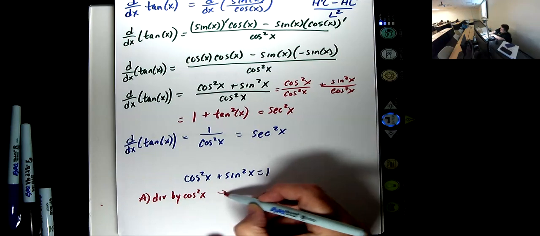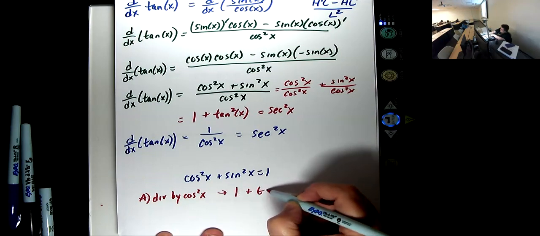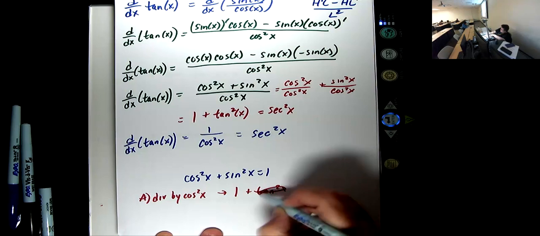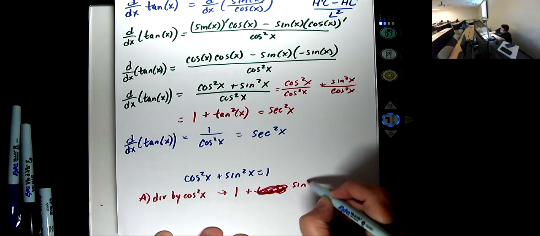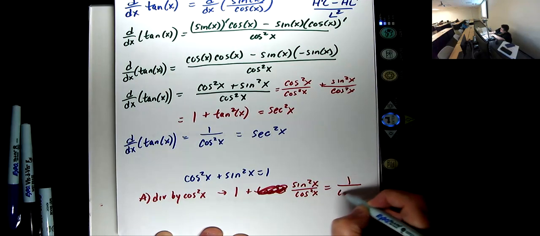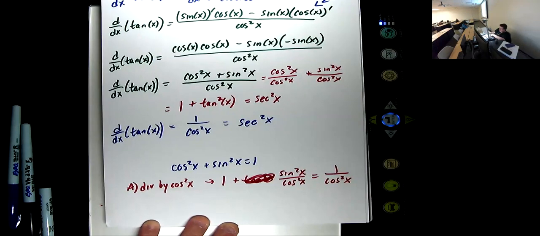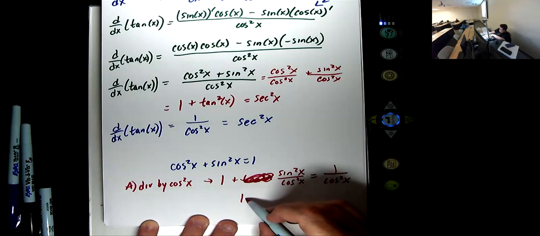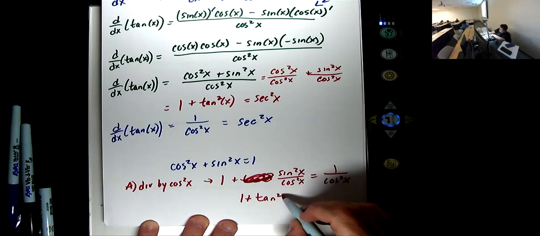If I do that, I have 1 plus sine squared x over cosine squared x equals 1 over cosine squared x. And that simplifies to 1 plus tangent squared x equals secant squared x.